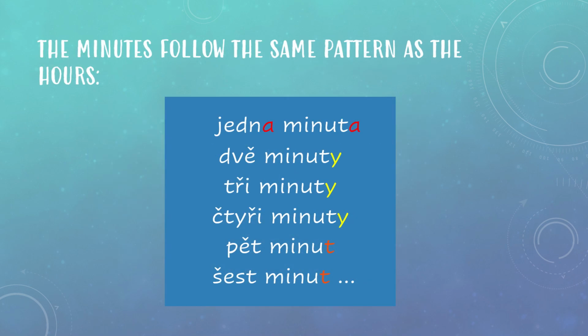The minutes follow the same pattern as the hours. As you can see, there's a slight change in the ending, as we have seen before with the hours. For example, jedna minuta, dvě minuty, 3 minuty, 4 minuty, 5 minut, 6 minut, and so on.